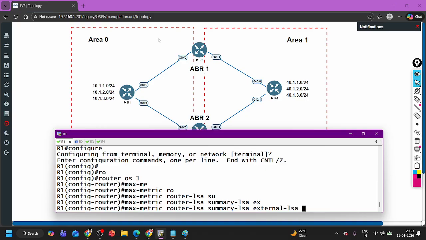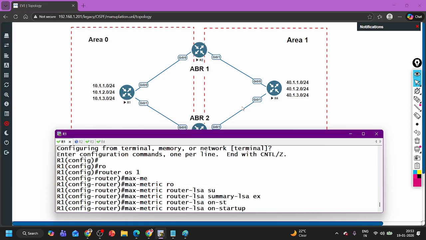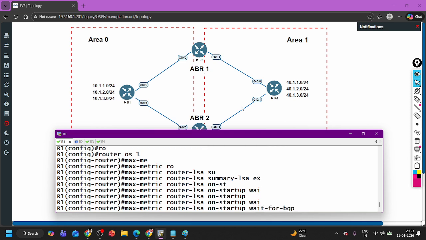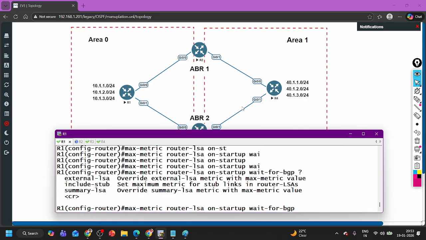There is one more command; when you learn BGP, you will understand max metric router LSA on startup, wait for BGP external LSA.